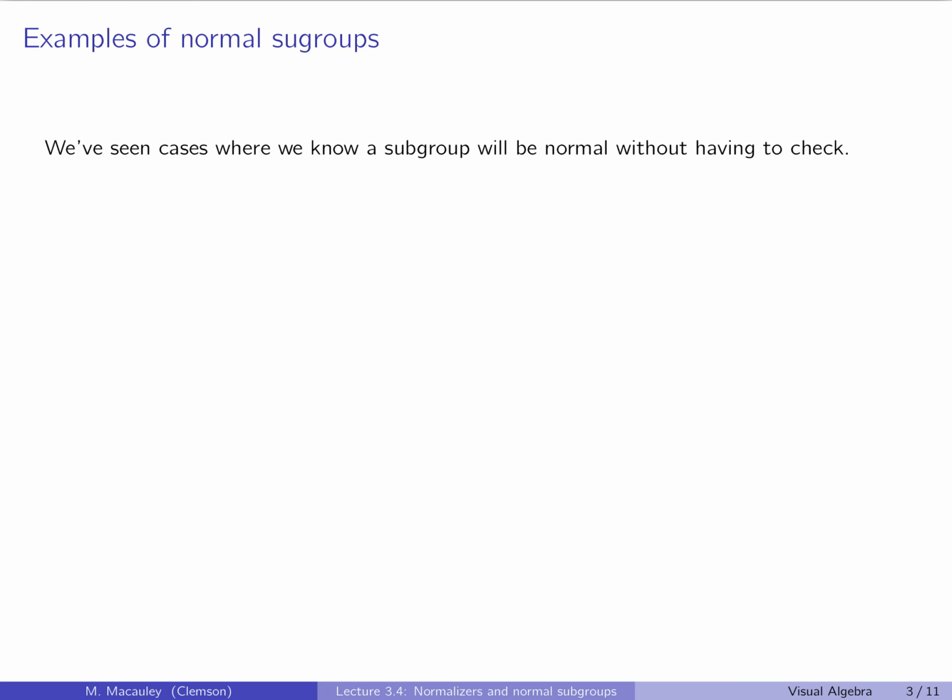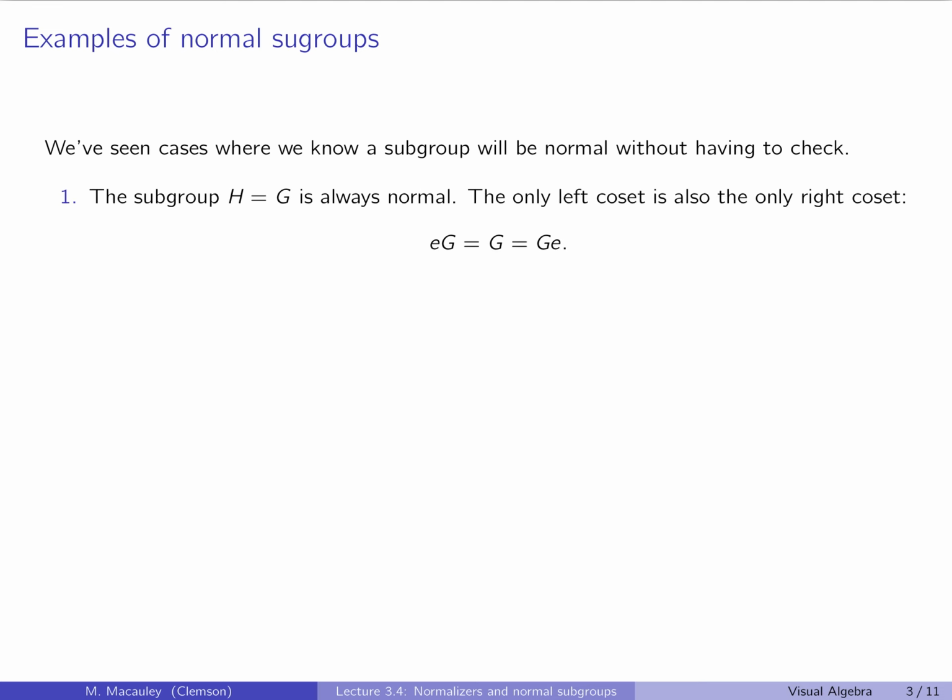We've seen cases where we know a subgroup will be normal without having to check. The subgroup G is always normal in itself. The only left coset is also the only right coset, which is just G. It's eG and Ge. It partitions the group into a single coset.